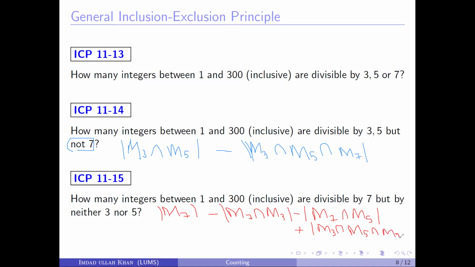So this expression, once we successfully compute the cardinalities of those individual sets, will give us the cardinality of the desired set which we are looking for, which means the number of integers between 1 and 300 that are divisible by 7, but by neither 3 nor 5.